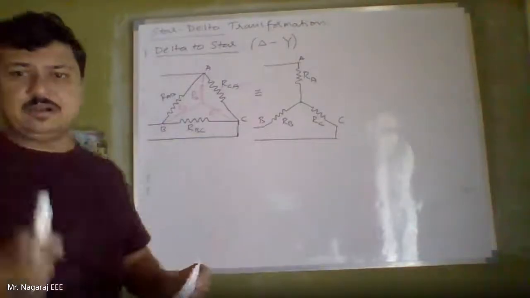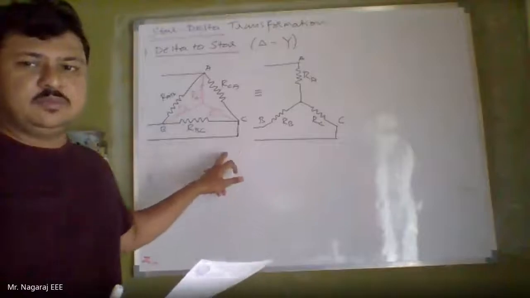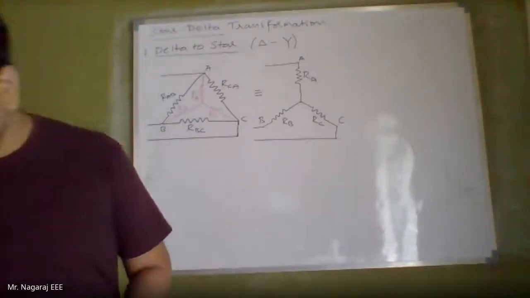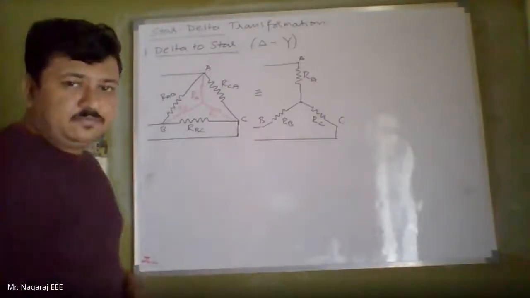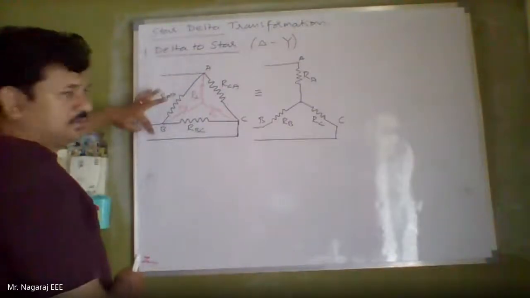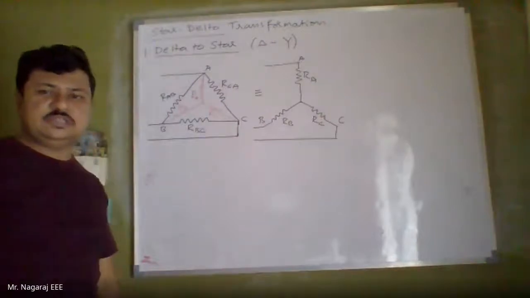So this is the fundamental principle. How to get to that? By keeping the third point, or third terminal, or third line open. What that statement means is the equivalent resistance between A and B, whether in delta or in star, is the same. There is no change.